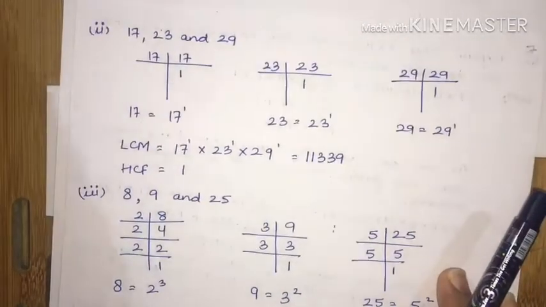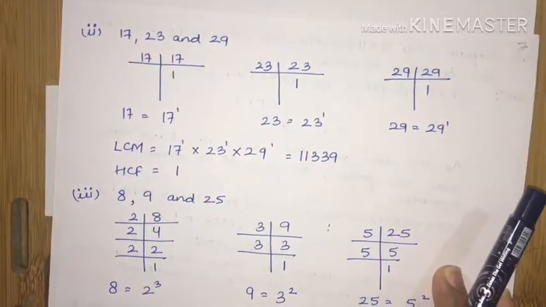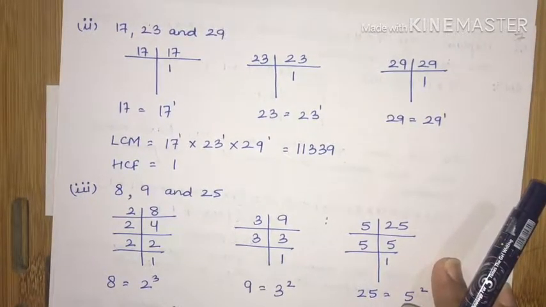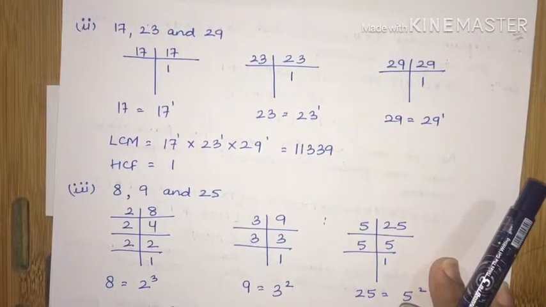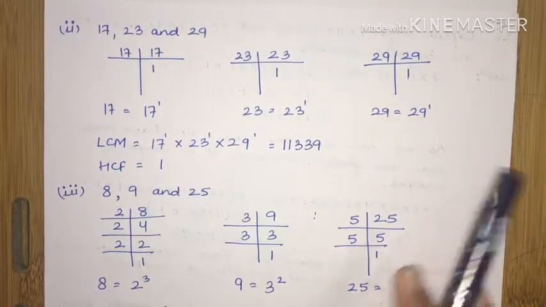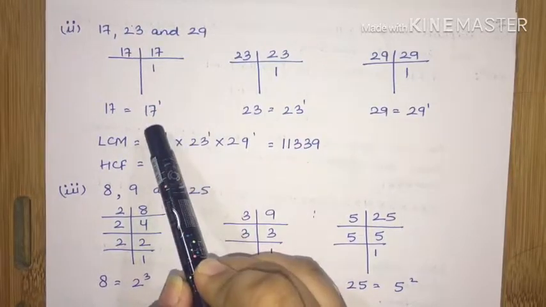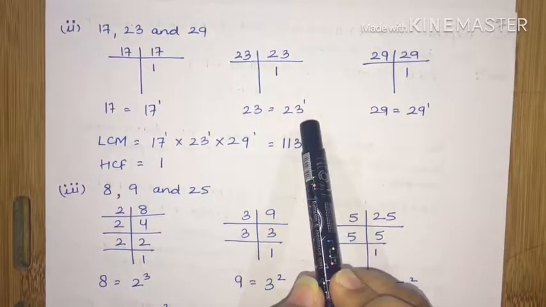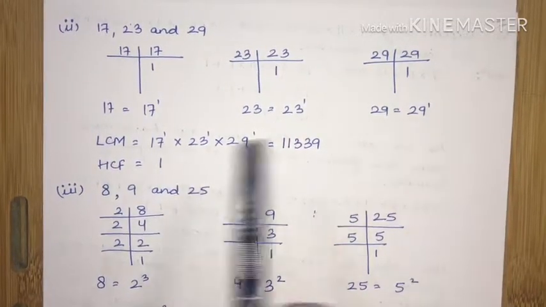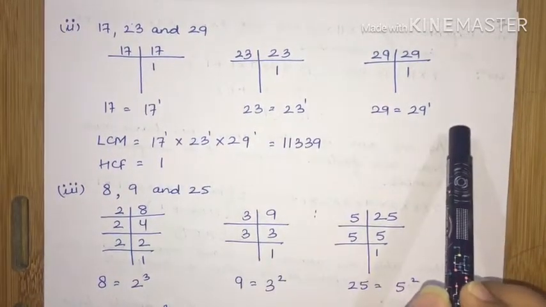Now let's move to another part of it, that is part 2, which is 17, 23 and 29. So as you can see, the factor of 17 is 17 as it is a prime number, 23 is 23 as it is also a prime number, and 29 is also 29. We can clearly see all three are prime numbers.